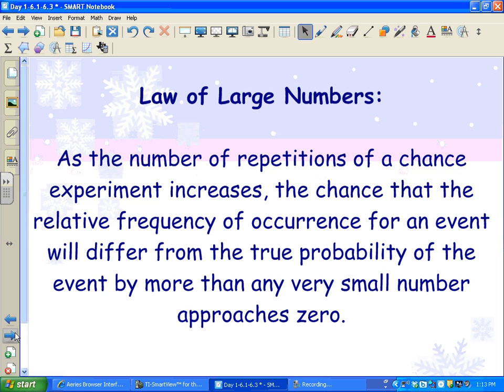Will a run of 10 ones in a row happen if I roll the dice 20,000 times? Yeah, probably. But remember, I'm averaging out over the number of times that I rolled it. I didn't roll any ones for 10 or 20 times in a row. Okay? So, law of large numbers there. As the number of repetitions increases, the relative frequency of your event will get very close to the theoretical probability.